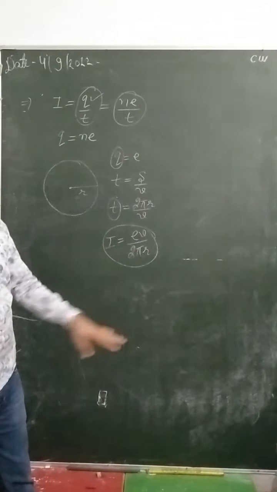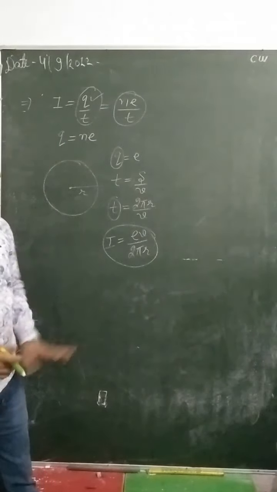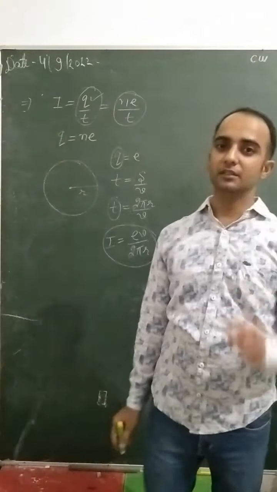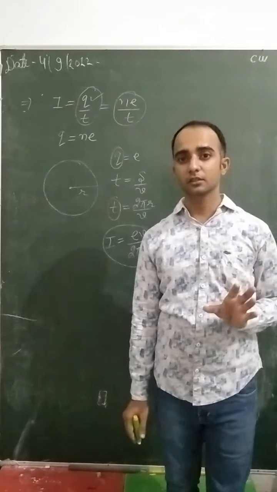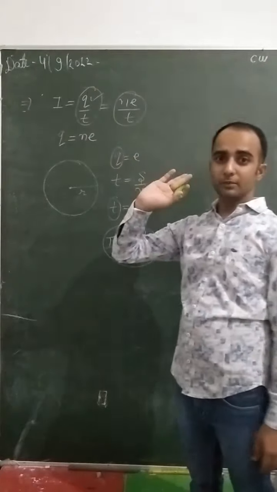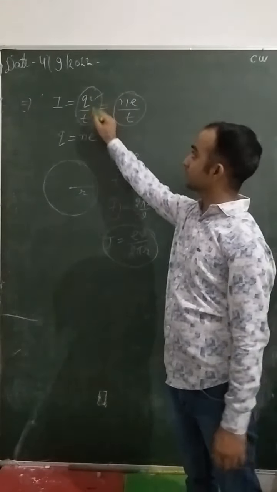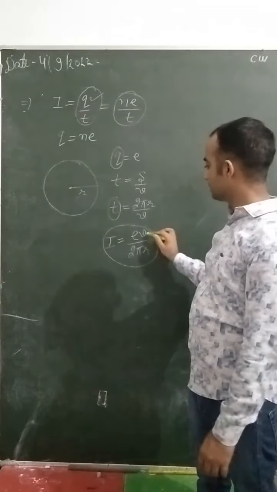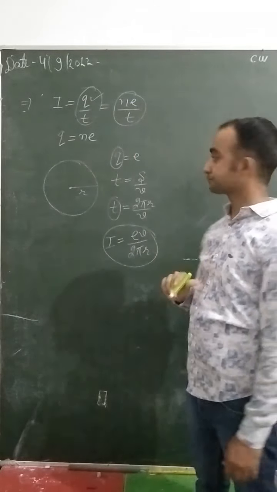Very simple relations, and you can easily find whatever is asked in the question. Only one variable you have to find; the others like charge and time, N or T, V or R will be given.